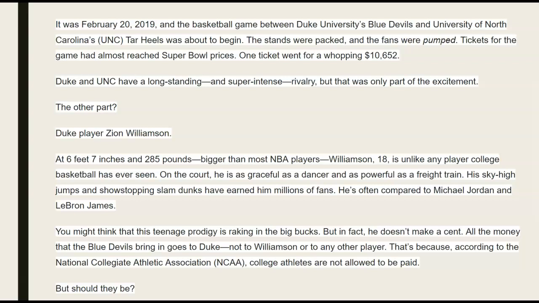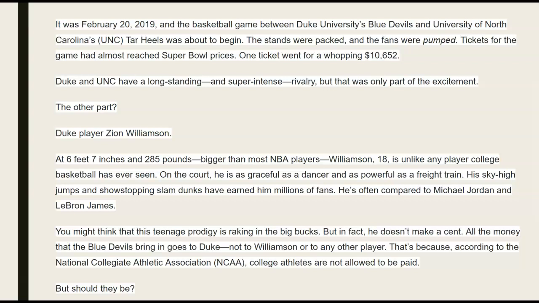The other part? Duke player Zion Williamson. At 6 feet 7 inches and 285 pounds, bigger than most NBA players, Williamson, 18, is unlike any player college basketball has ever seen. On the court, he is as graceful as a dancer and as powerful as a freight train. His sky-high jumps and show-stopping slam dunks have earned him millions of fans.